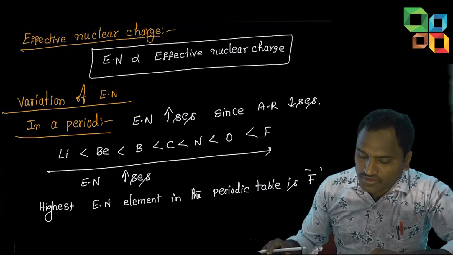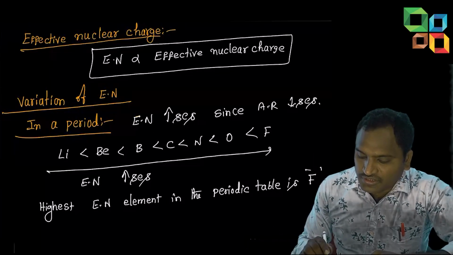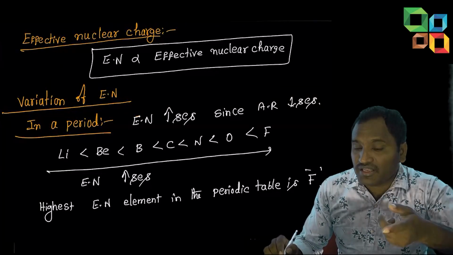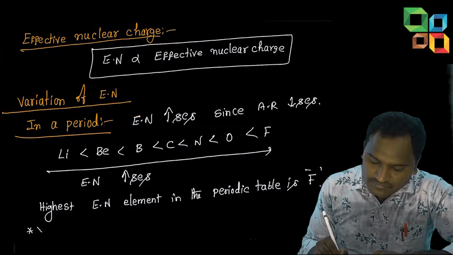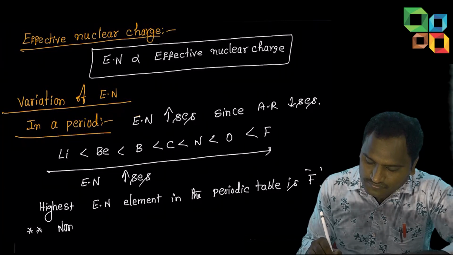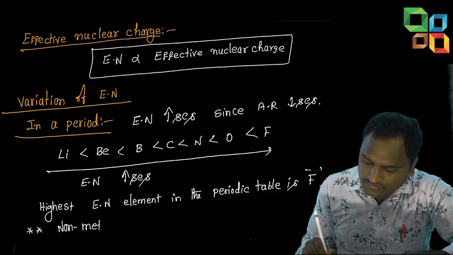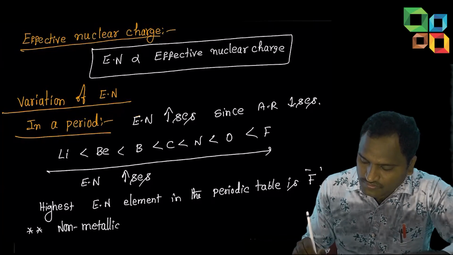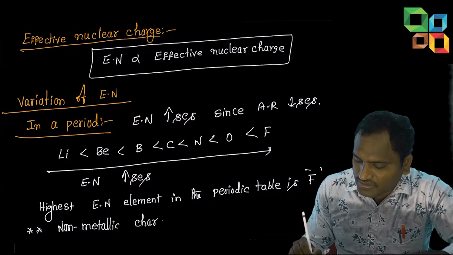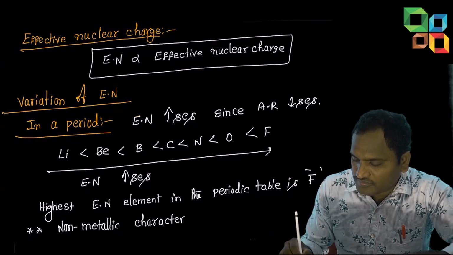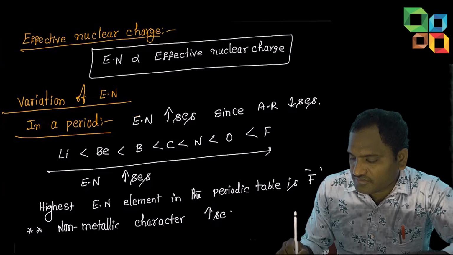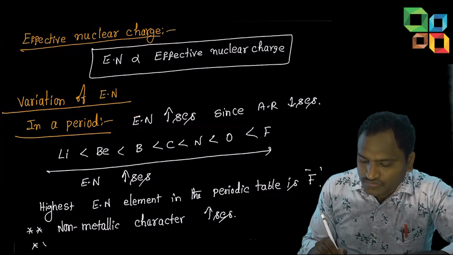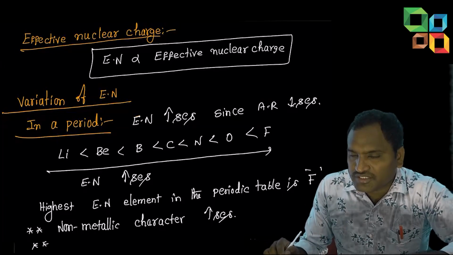Next, one more point I would like to give here. As electronegativity increases, non-metallic character increases. So oxides of these non-metals are acidic.